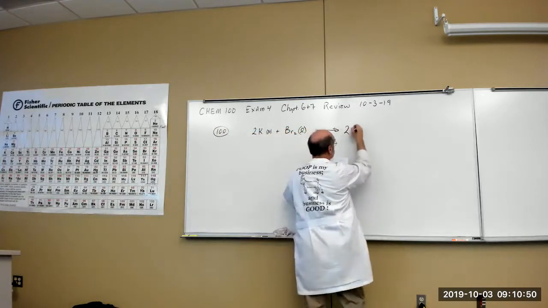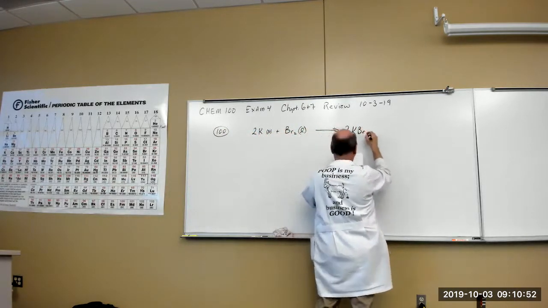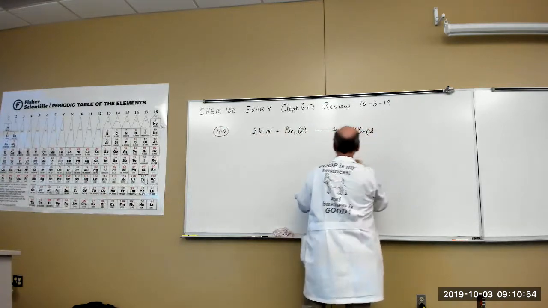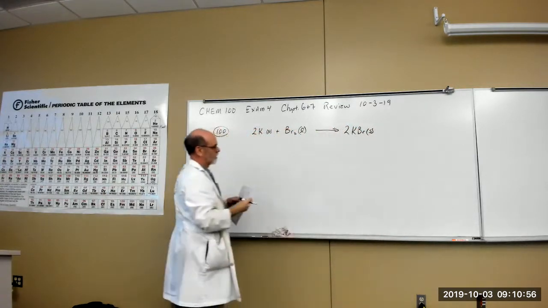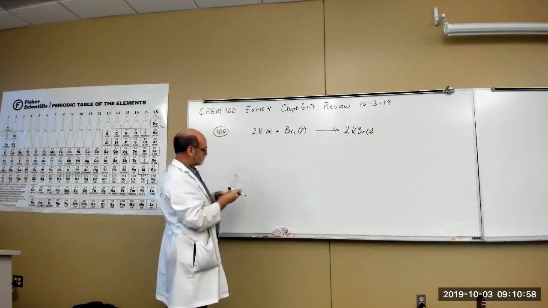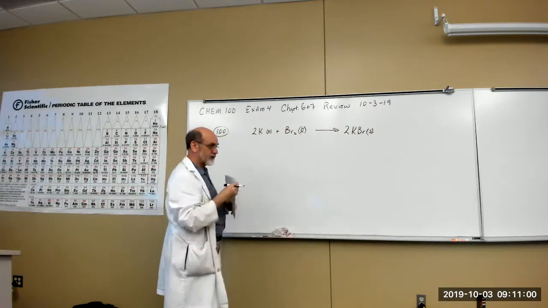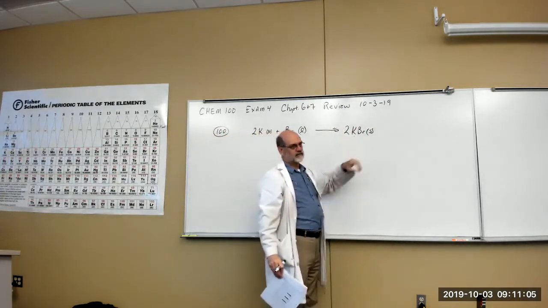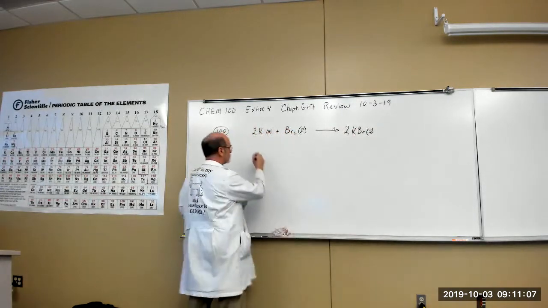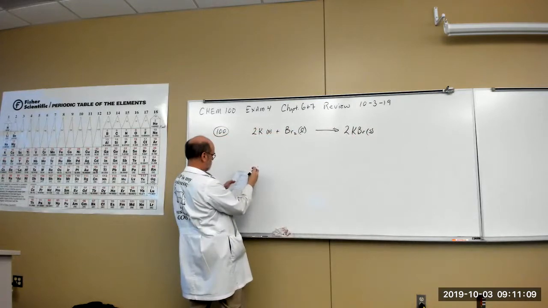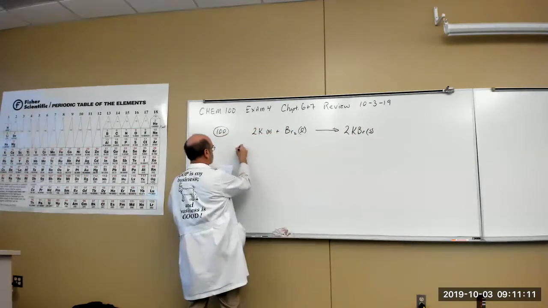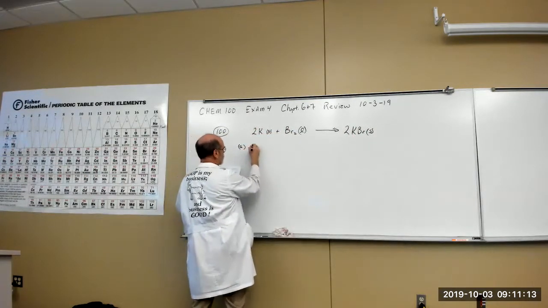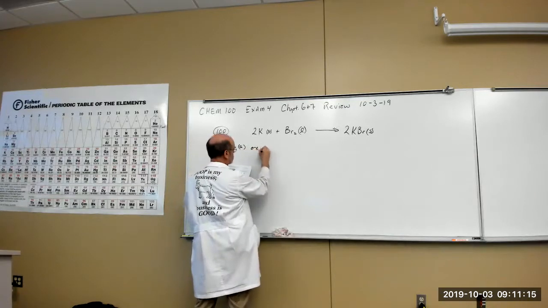Okay, so we have this one. And in this reaction, that's a solid, potassium bromide. Now, what type of reaction is this? Here's the clue. Element, compound, redox. A as your choice is oxidation reduction.